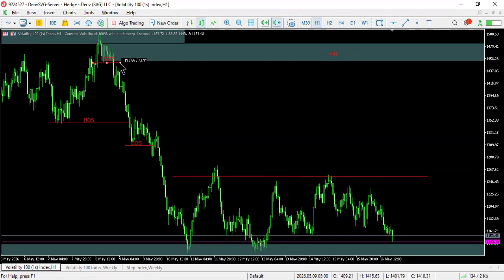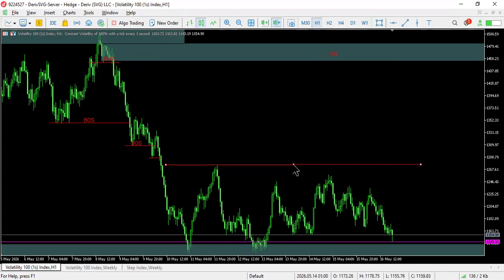Therefore, all these order blocks that price is creating down here, this is what we call liquidity, because price moves by mitigating the order block. So if that order block is not mitigated, then all these order blocks that price is creating here become your liquidity.